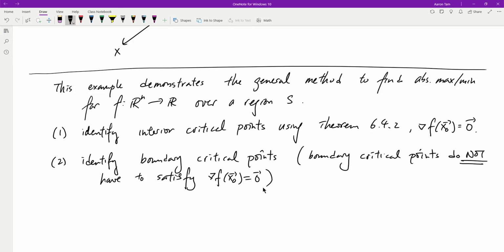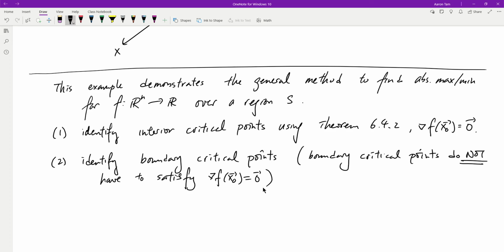So therefore, you cannot use theorem 6.4.2 to find the boundary critical points, which is why it's difficult, because if we could use the same theorem, then we wouldn't separate them into two different steps, because you'd find all of them in one step.